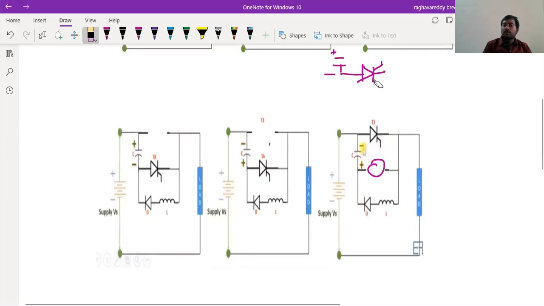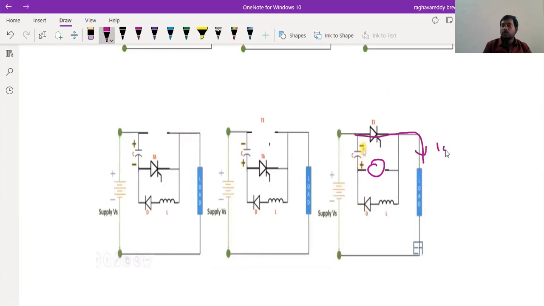There are two paths for the current to flow. One is in this direction to the load, and there is another path here. The inductor will be charged, the diode will be forward biased, and current flows in this direction through the capacitor, which was previously charged positive and negative.